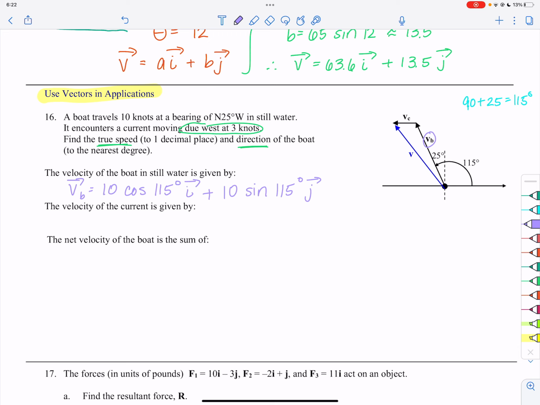Now, how about the velocity of the current? If the current is moving due west, that velocity of the current is going to be -3 times vector i. So the net velocity of the boat is going to be the sum of these vectors. So vector v is going to be equal to the vector of the boat plus the vector of the current.